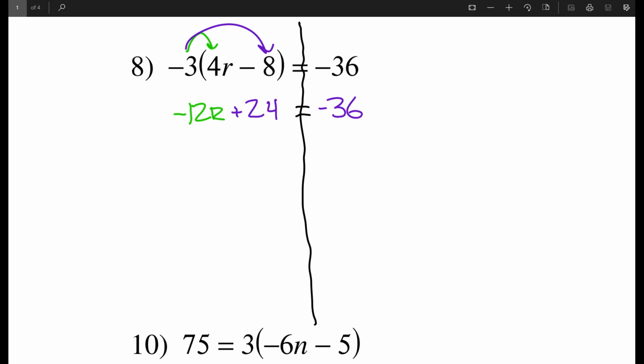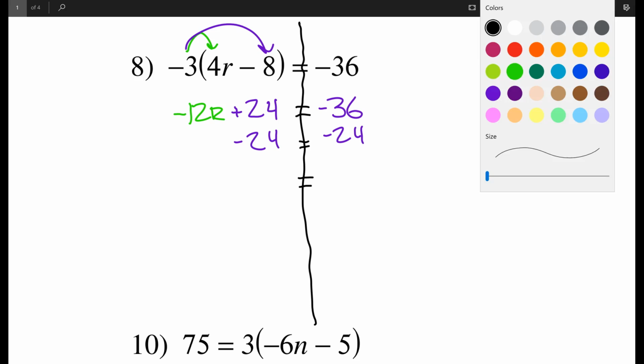Now, step 3 is to get all of my constants onto one side. I'm going to say, okay, what's a way that I can get my 24 onto one side? Well, if it's positive, I can subtract 24 from both sides.